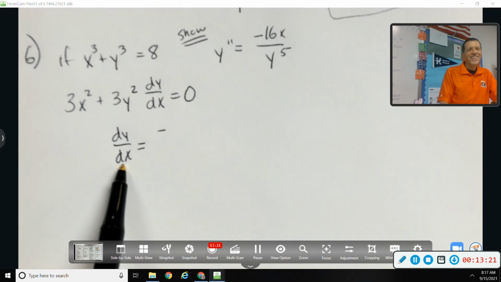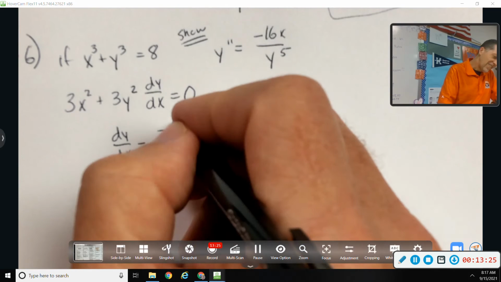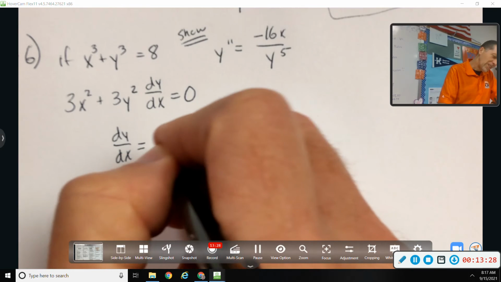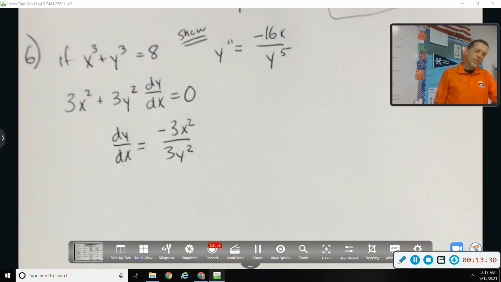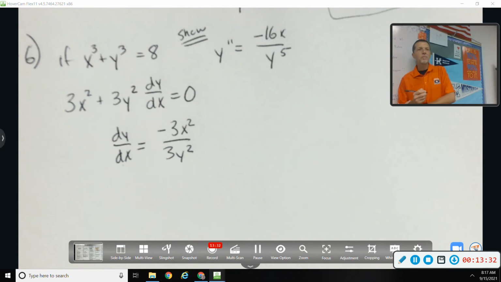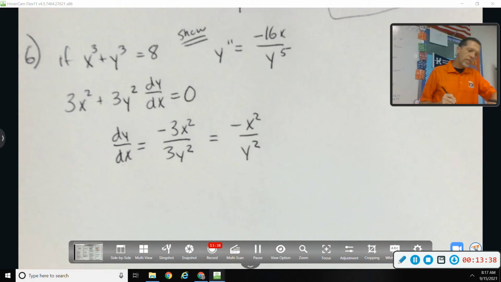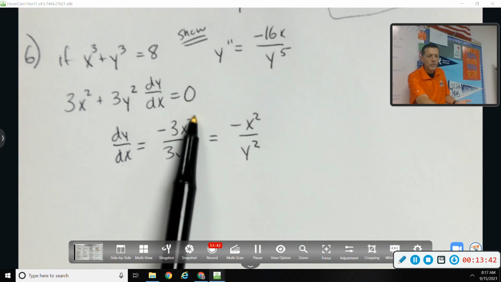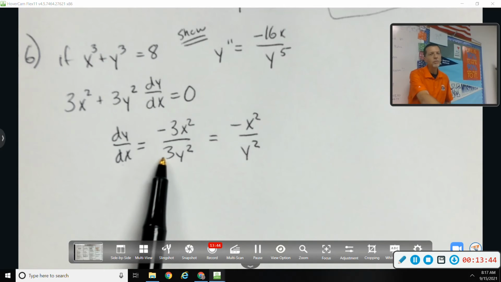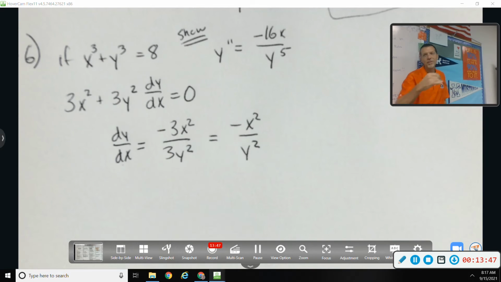Negative 3x squared over 3y squared, which reduces to negative x squared over y squared. If we were stopping at the first derivative, it would be fine to stop there. But since we're moving forward, it's best to simplify as much as we can so that we don't have more work later on.